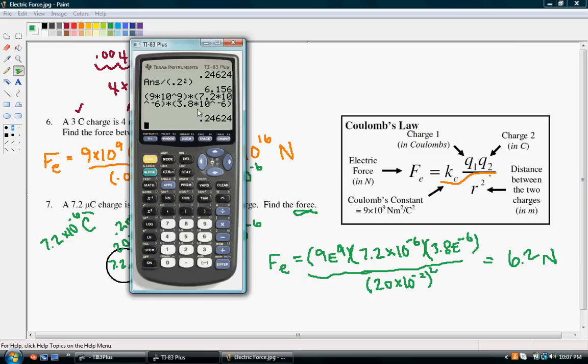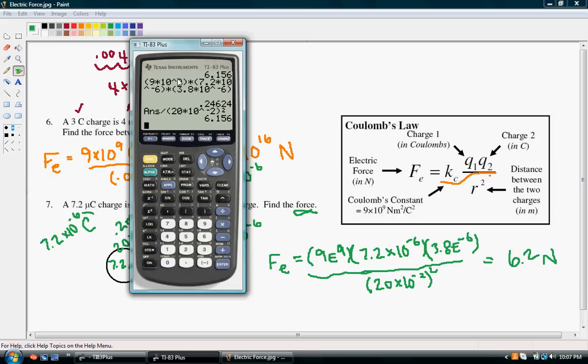Alright, and notice we still get the same number, 0.24624. Divide that by, and we want to be difficult, so we say divided by 20 times 10 to the negative 2 squared. Alright, and voila, we get 6.2 newtons.